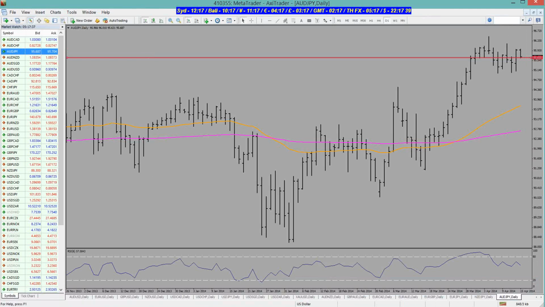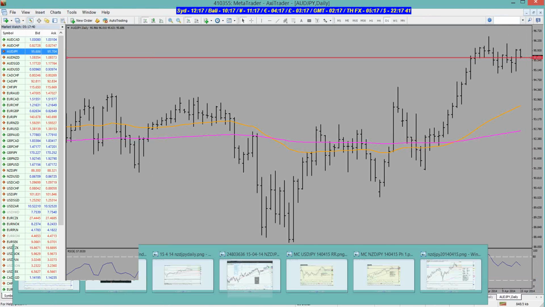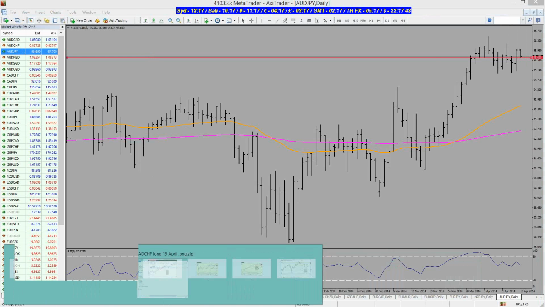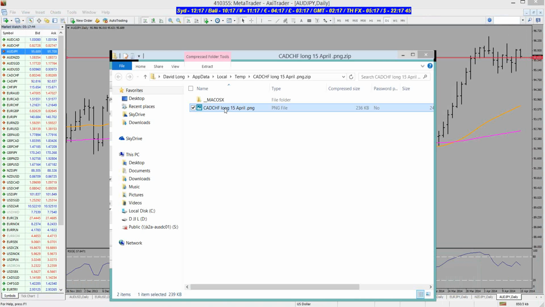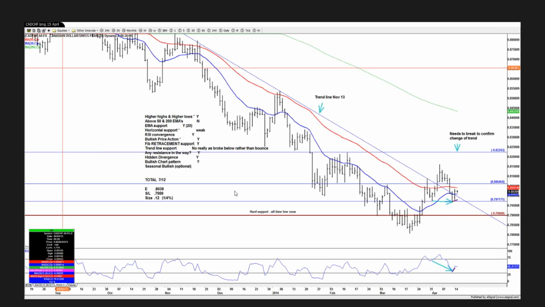All right, CAD Swiss. Trend line, higher highs, higher lows, horizontal support, weak, hard support, all-time lows, needs a break to confirm trend change.